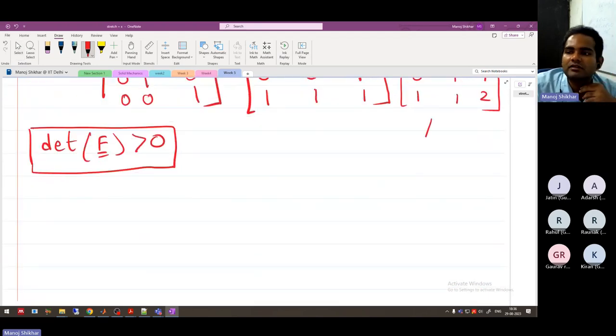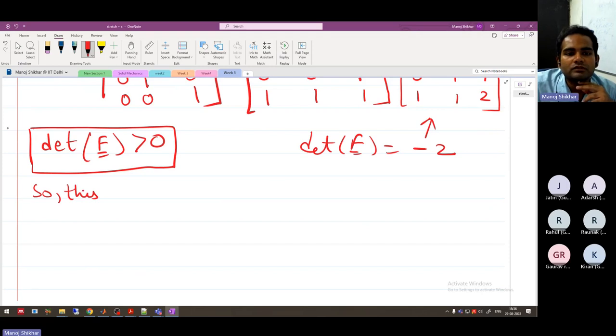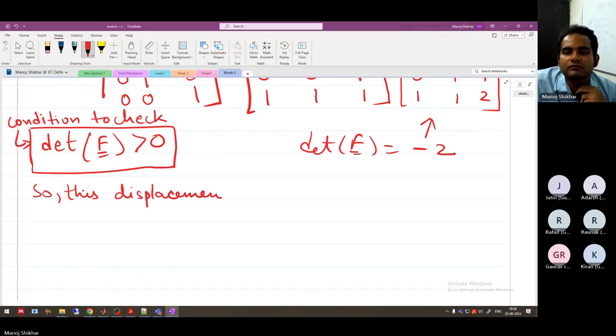In our case, the determinant of F is coming to be -2. So this displacement is not possible. This is the condition to check. So this displacement is not possible.